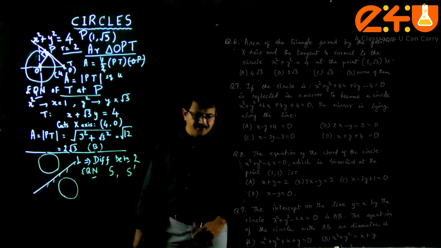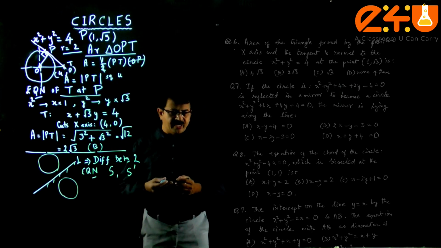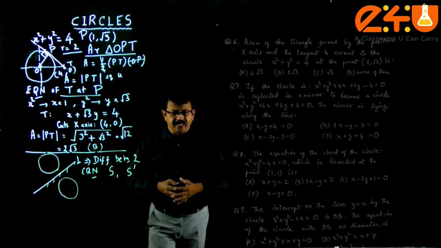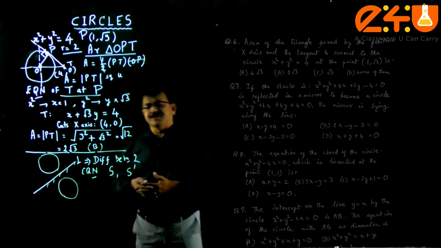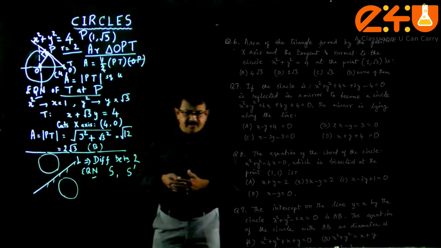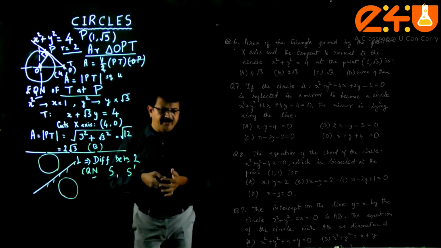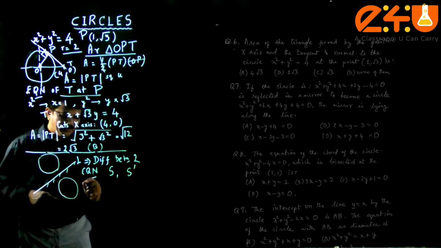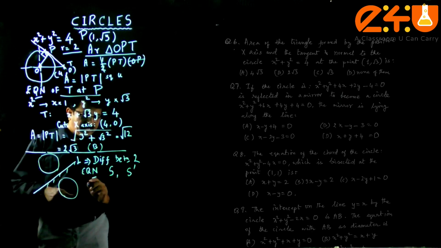The first circle is given as x squared plus y squared plus 4x plus 2y minus 4. The second circle is given as x squared plus y squared plus 6x plus 4y plus 4 equal to 0. So let me subtract the first equation. I am ignoring the x square and y square terms.